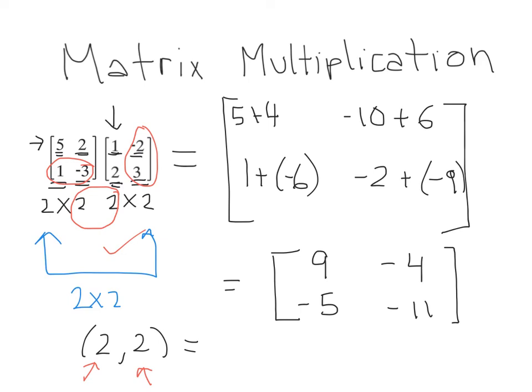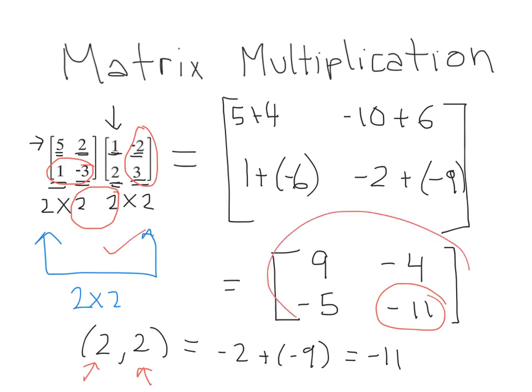So I would do 1 times minus 2 is minus 2, plus minus 3 times plus 3 is negative 9, and I'd end up with negative 11, which is exactly the entry I had in the 2, 2 position of my result. But if I'm just calling up one entry, I don't have to do the whole multiplication. I can just identify which row goes with which column.